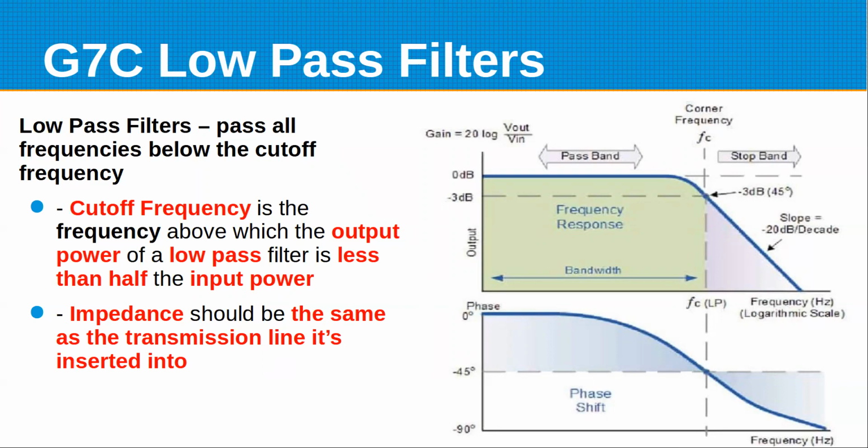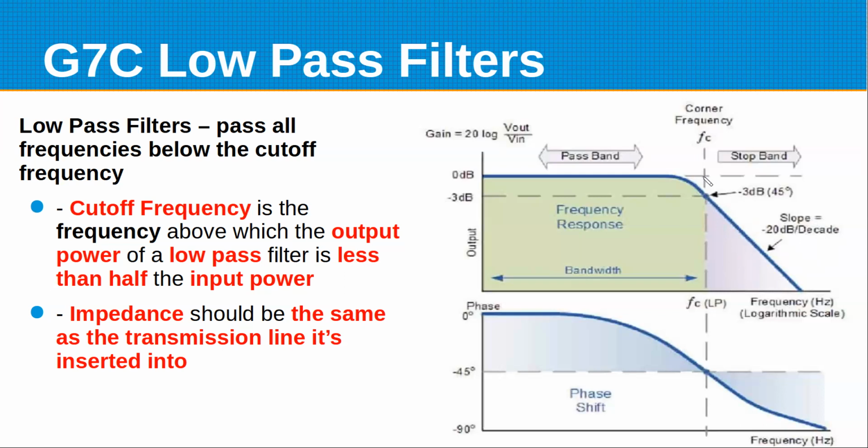If it's a typical first order filter, you're going to have a slope when it starts to attenuate of 20 dB per decade. So that means that as frequency goes up in tens, you're going to drop 20 dB.